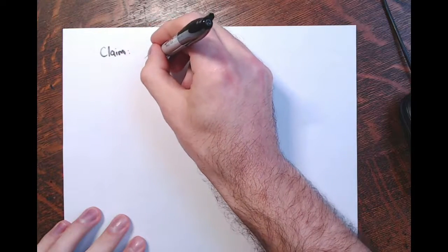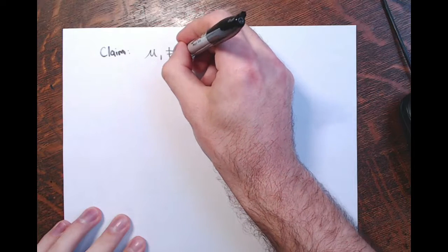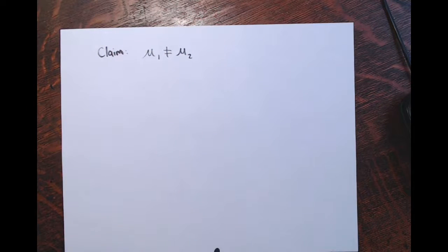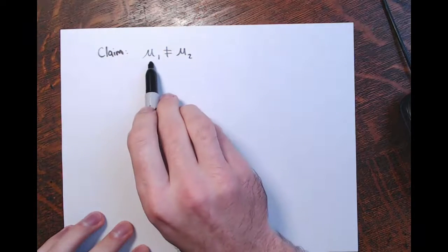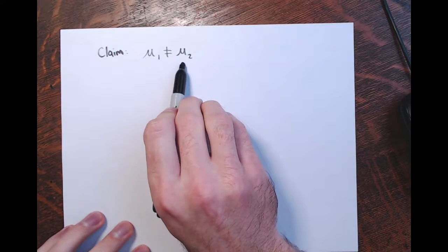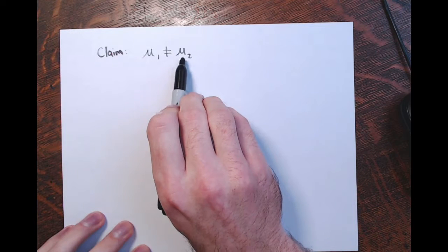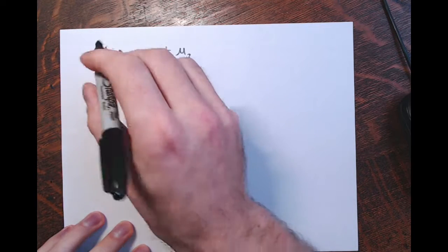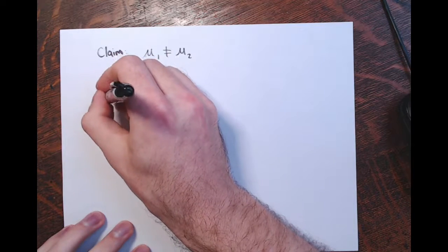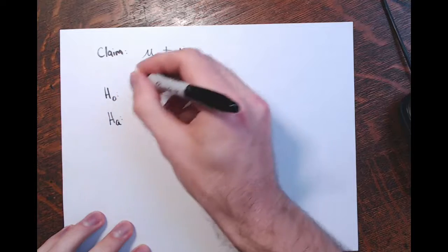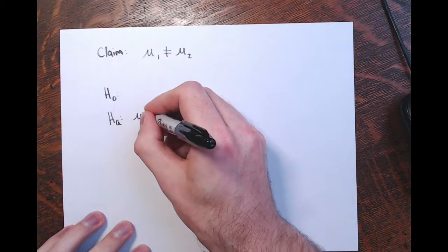So that there's a difference, that mu1 is not equal to mu2. These are the private colleges and the public colleges. So the average private college debt is different than the average public college debt. Then your null hypothesis would be that they are equal. This would be the alternate because it doesn't involve equality.